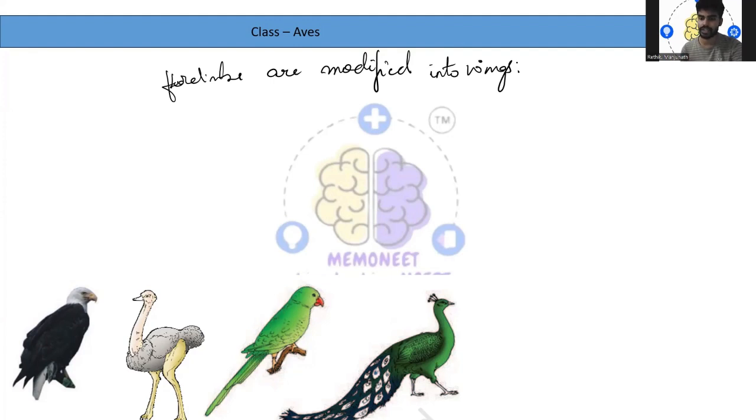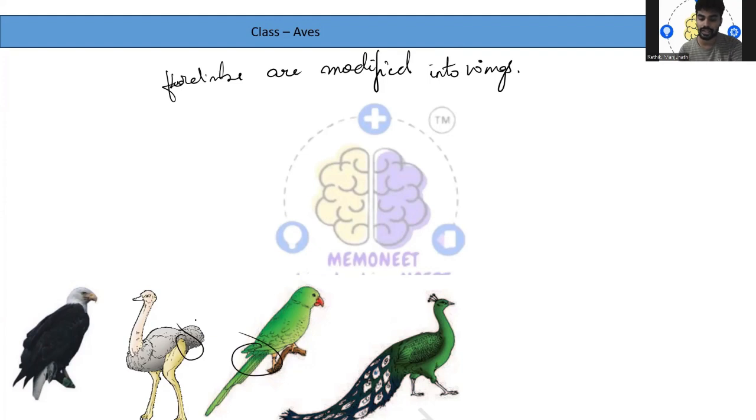The skin is dry without any glands, except the oil gland is present, because that helps them become resistant towards water and so on. The oil gland is present at the base of the tail.